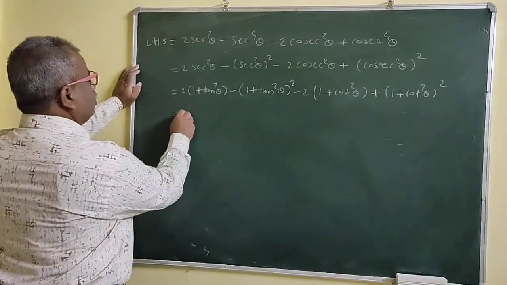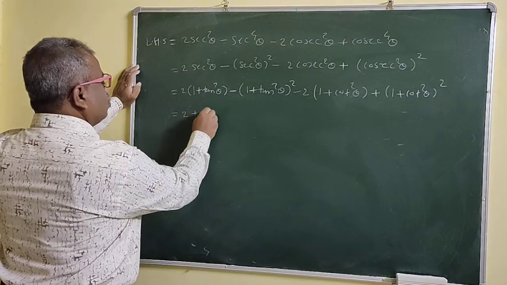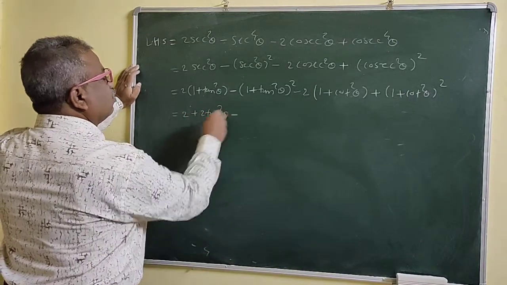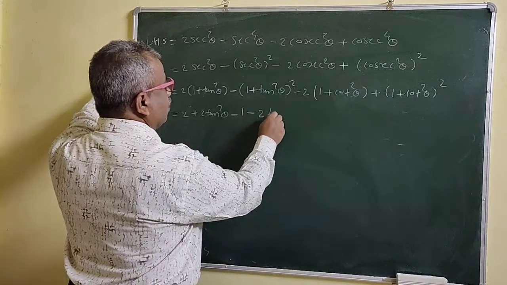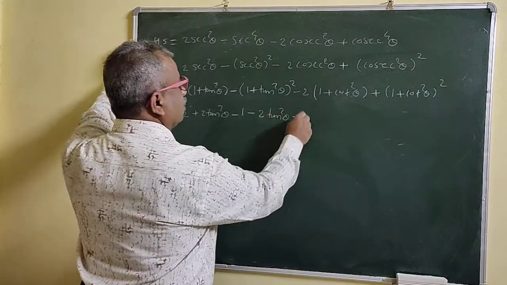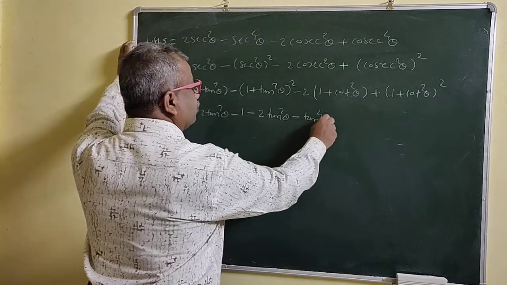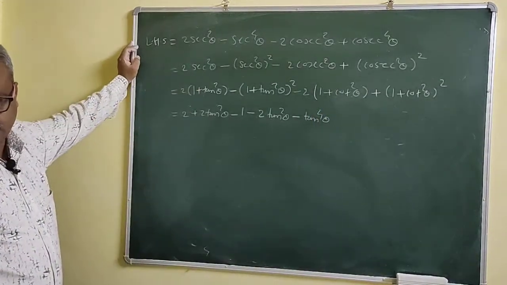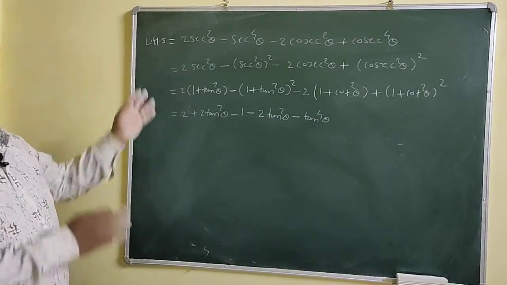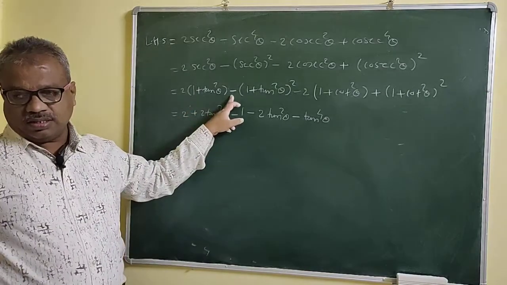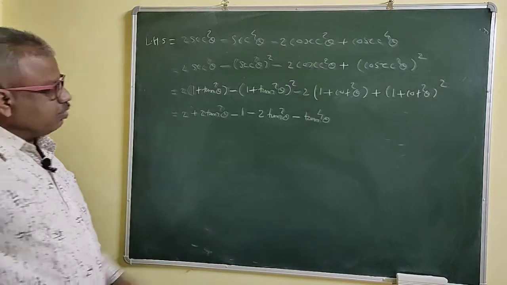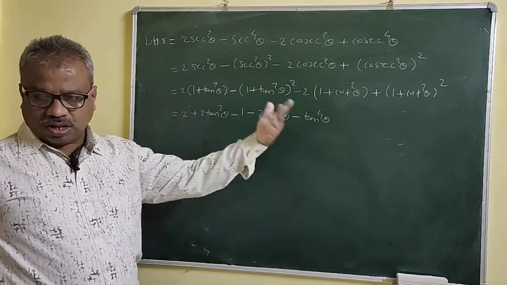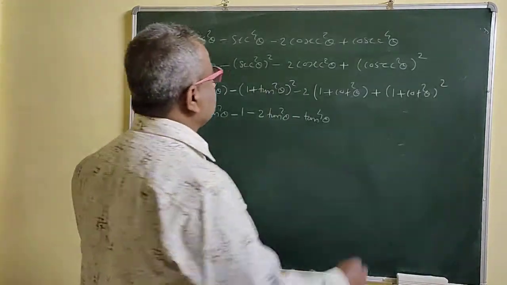So what we get then, this is 2 plus 2 tan square theta minus 1 minus 2 tan square theta minus tan to the power 4 theta, right? Just expand, take care of the minus sign and the expansion of this, all will become negative because there is a minus sign.